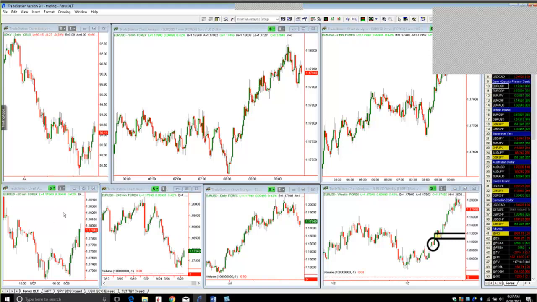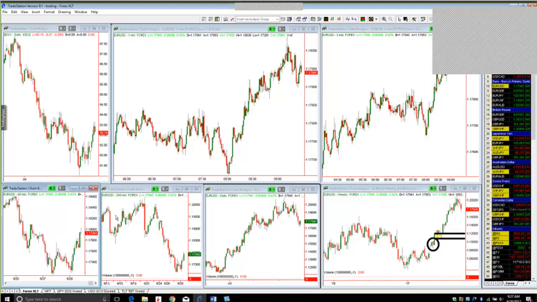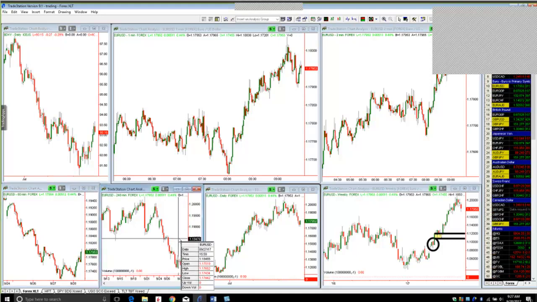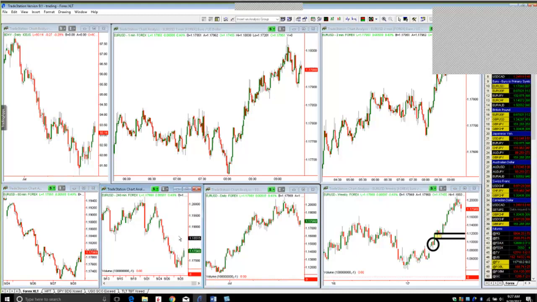Okay, and the chart that we want to probably focus on is this 4-hour chart. And let me just scrunch that up a little bit. Okay, so notice this level jumps out at us right here, 118.50.